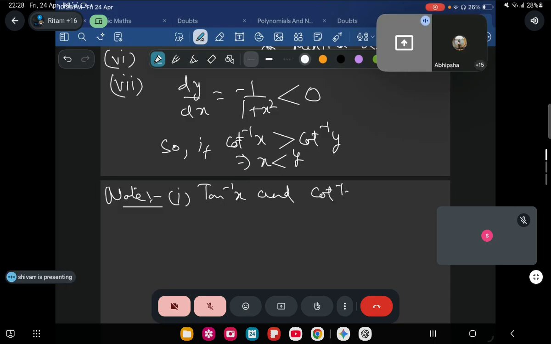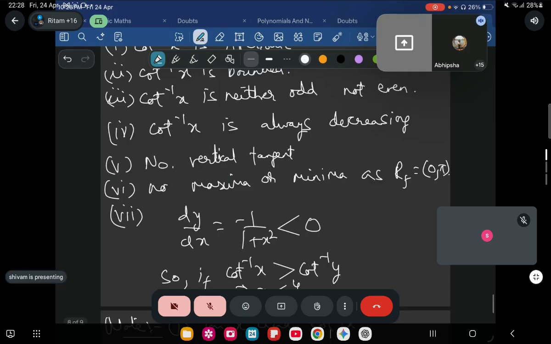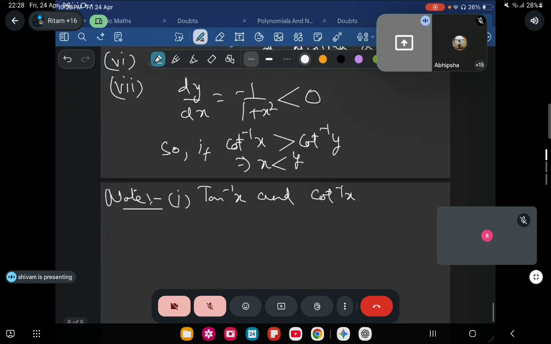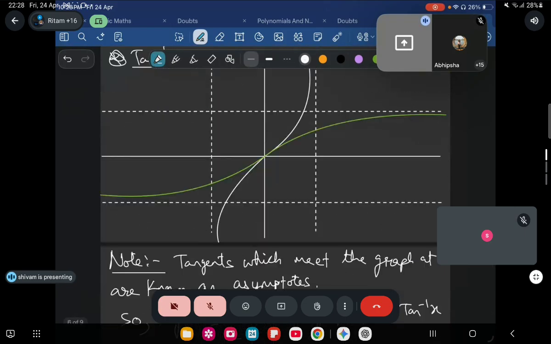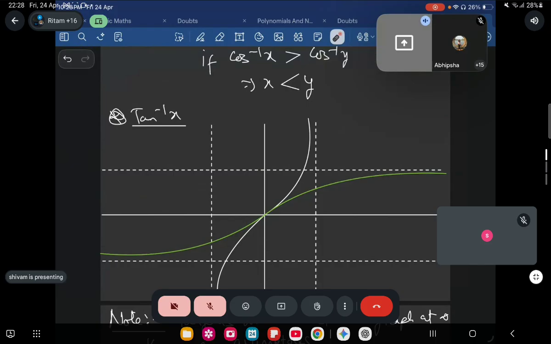What I'm saying is, both tan inverse x and cot inverse x are defined on the whole real number line. And in fact, they are monotonic also. You know the meaning of monotonic? Monotonic means completely increasing or completely decreasing.